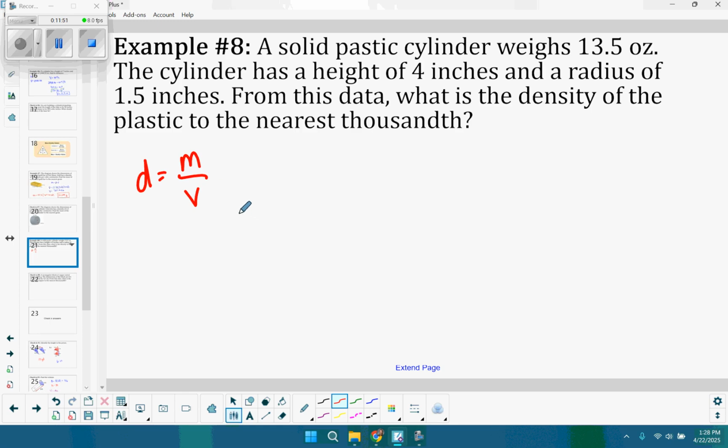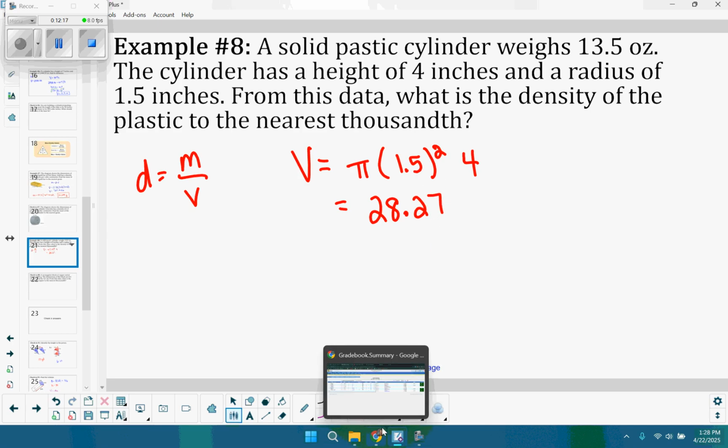So we're going to find the volume first. We know we're going to do pi r squared times height. It said it had a height of 4 and a radius of 1.5. So my volume, squaring the 1.5 first, then multiplying it by 4 and pi, gives me about 28.27.